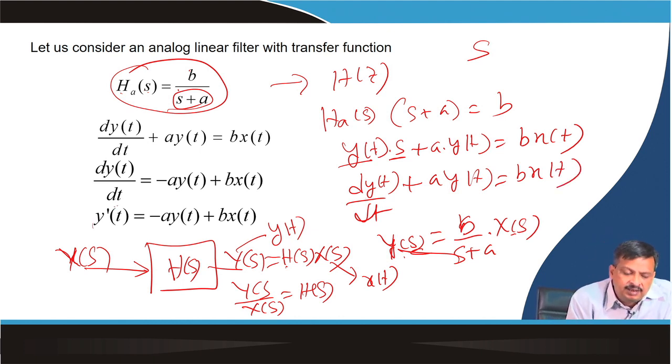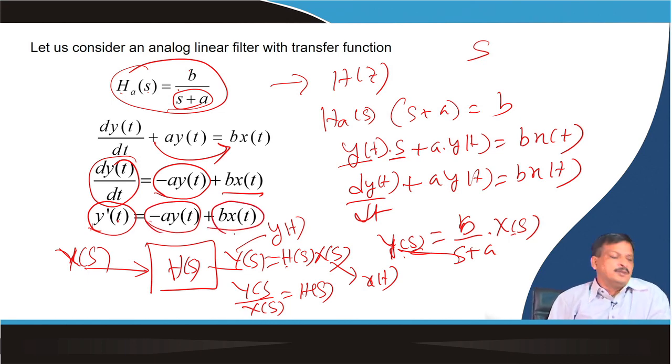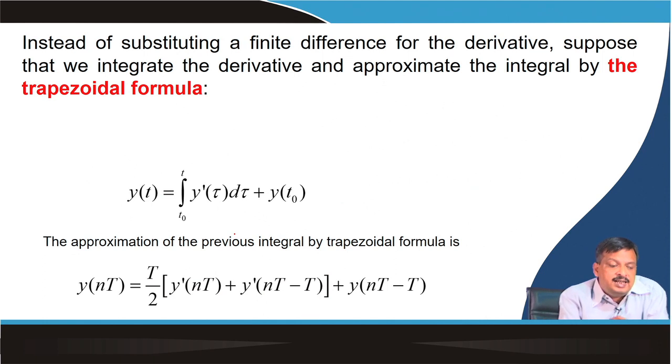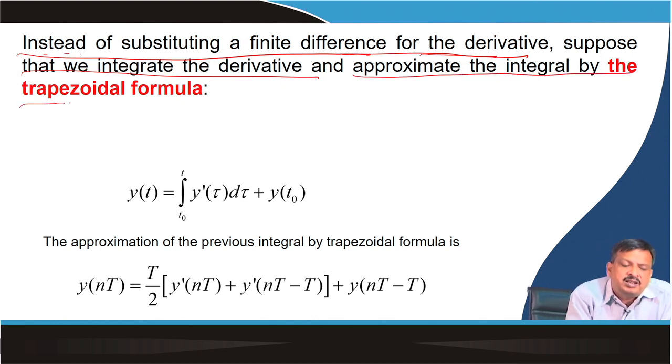So I can say dy(t)/dt, taking this side, is equal to minus a y(t) plus b x(t). So what is the meaning? Instead of substituting a finite difference for the derivative, suppose that we integrated the derivative and approximated the integral using the trapezoidal formula.